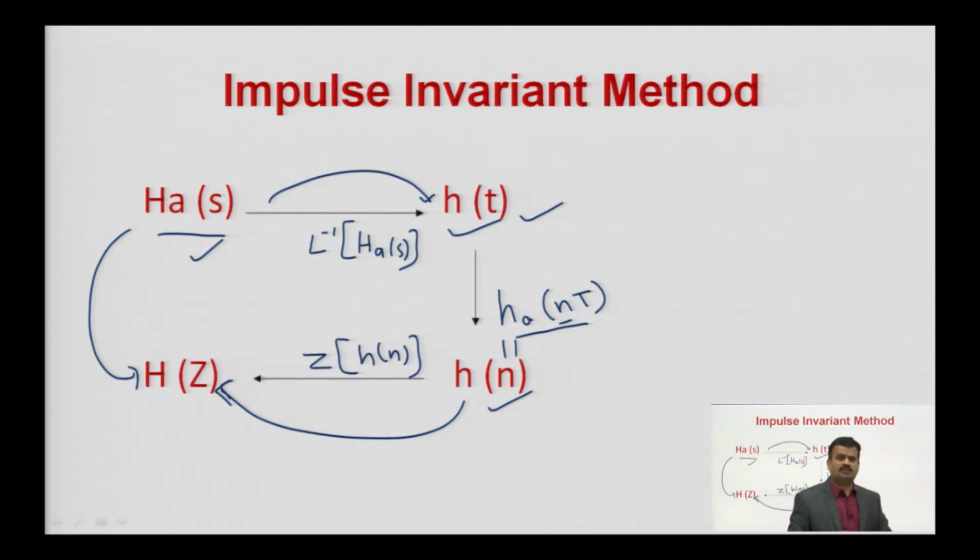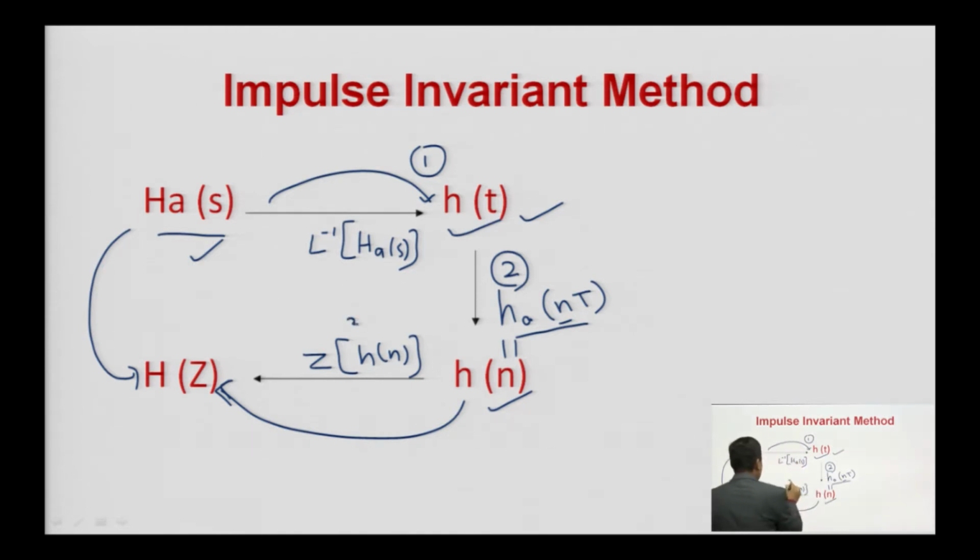So, in the impulse invariant method these three steps you have to follow. In the first step you take the inverse Laplace transform, then you will get from H(s) into h(t). In the second step you do uniform sampling, and in the third step you take the Z transform of the signal.